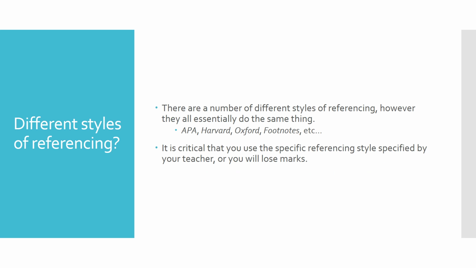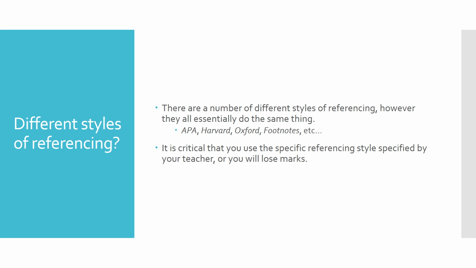Before I go into it, I just need to talk about the different styles of referencing. You might have heard of these: APA, Harvard, Oxford, and so forth. But the different styles don't really make too much of a difference per se. They all do the same thing, just in slightly different ways. It is important though that you use the style that your teacher has told you, or what's in the marking rubric.